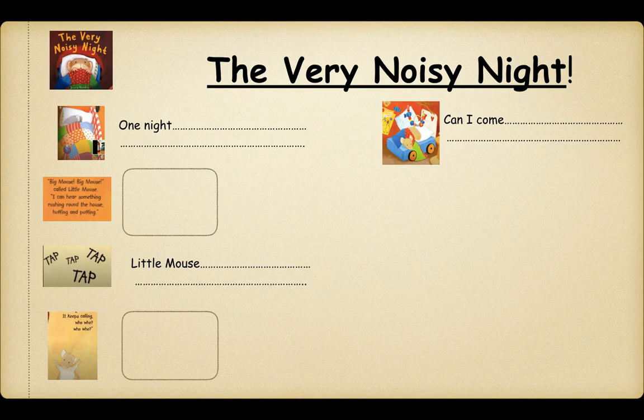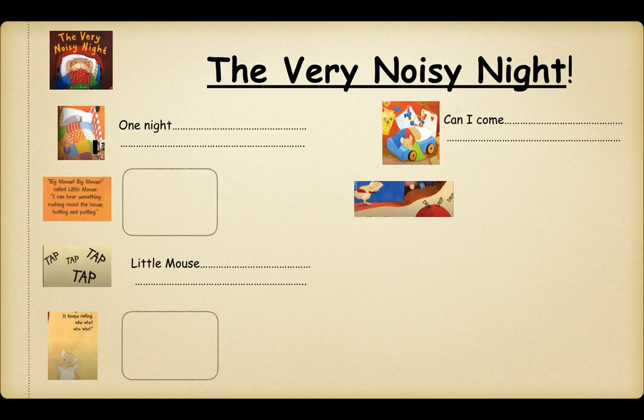He kept asking Big Mouse the same question quite a few times after he heard different sounds. So what did he say to Big Mouse? Do you remember? Think back about what Little Mouse said to Big Mouse after each time he had heard a noise or the sound of something.